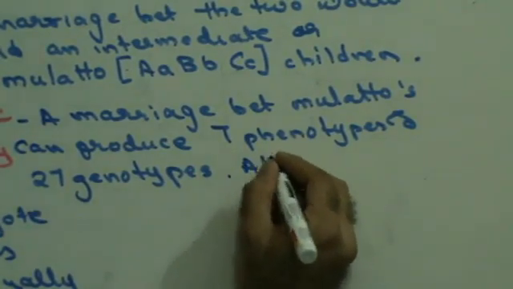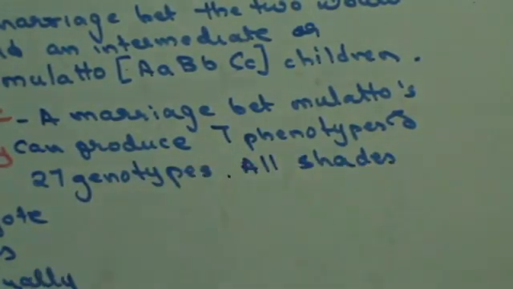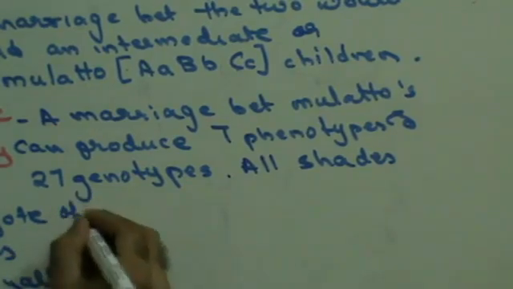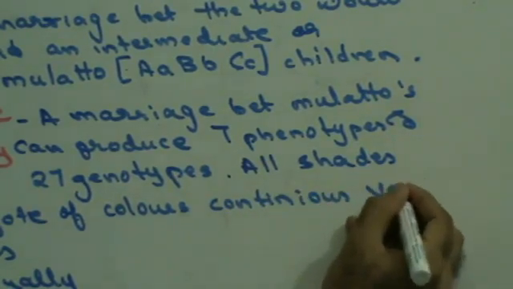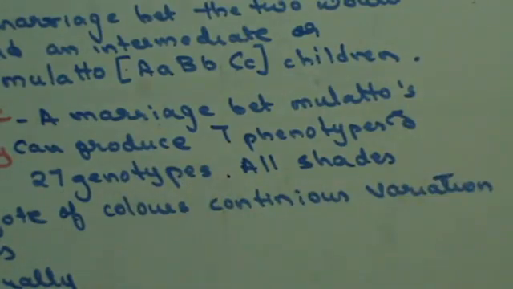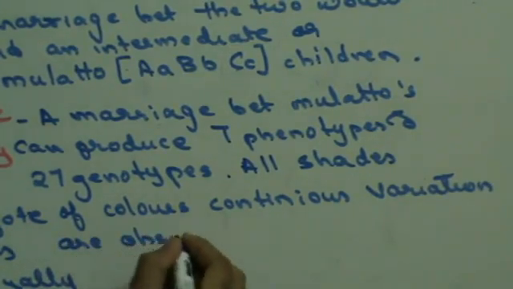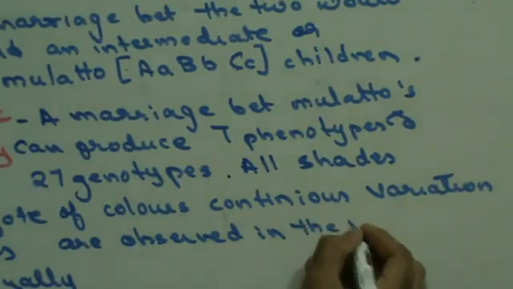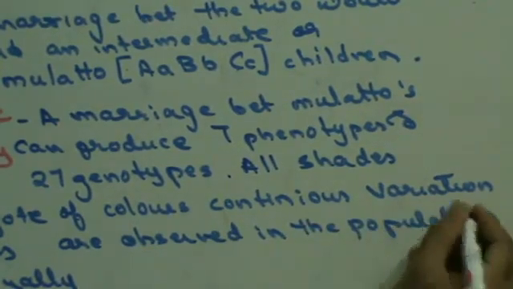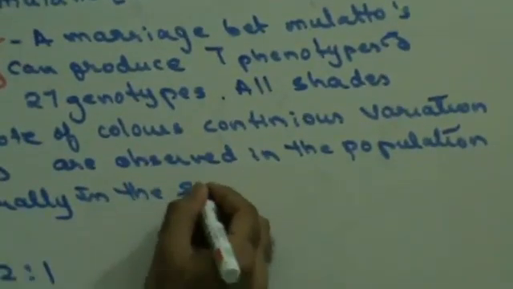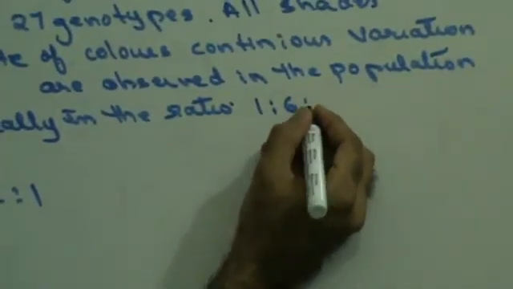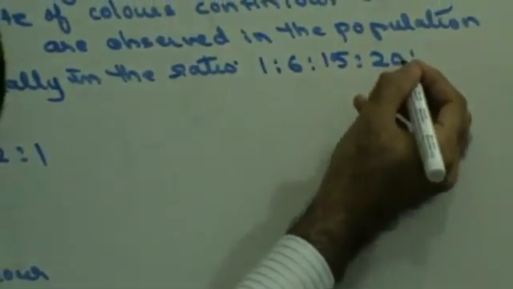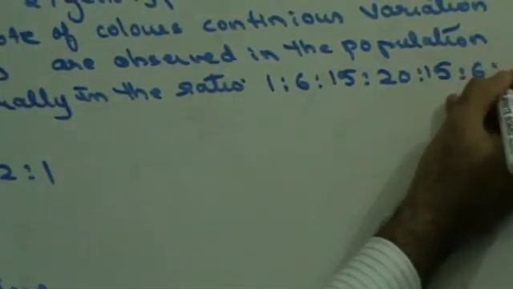I can say all shades of colors show continuous variation as observed in the population, in the ratio of 1:6:15:20:15:6:1.